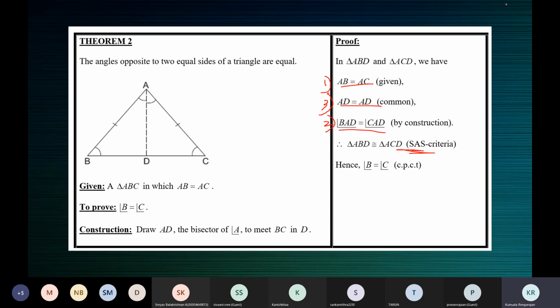You cannot always use ASA. Only if you are given two pairs of equal angles and the included sides equal in the two triangles, you can use ASA. But if you have information only regarding the sides, you can use only SSS. So depending on the information given, decide the rule first. Only three equalities we have to write.